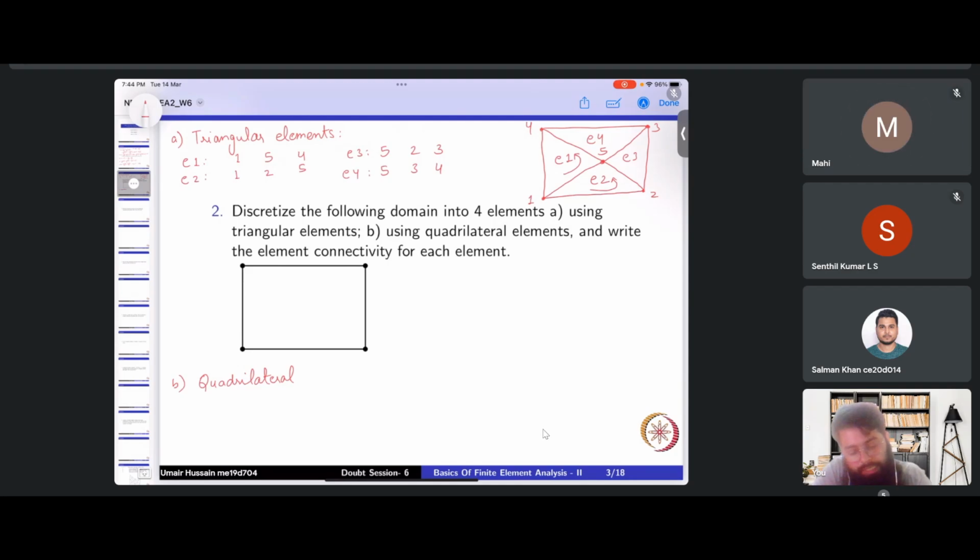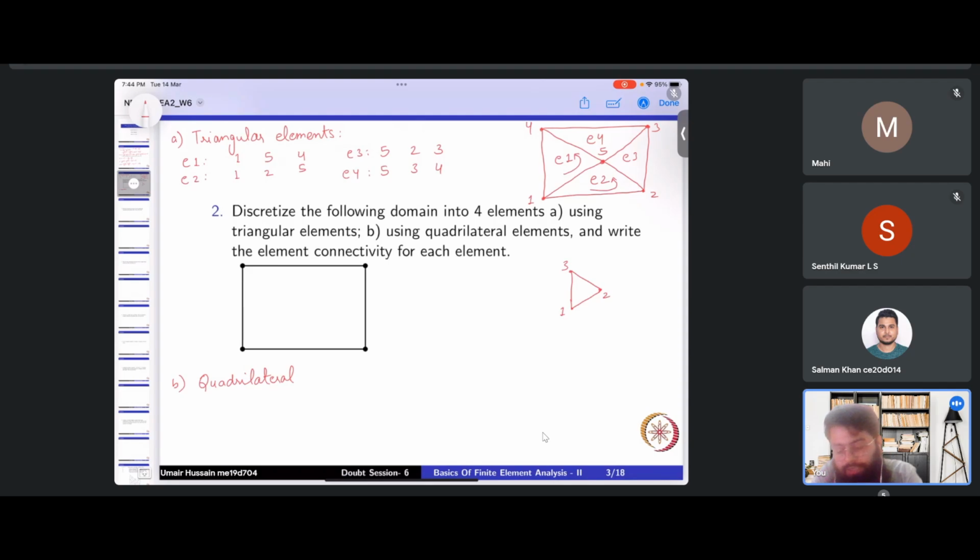Yes, yes. You mean to say that suppose we take this element 1 here. So 154 is the global node numbering, but when we're dealing with the natural coordinate system, we give these local node numbers 1, 2, 3.